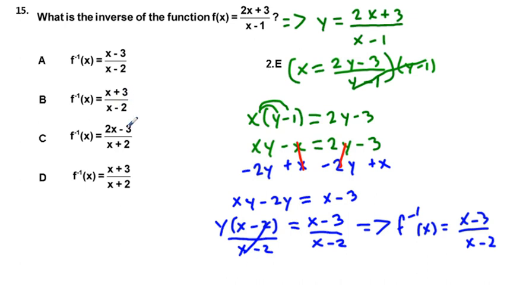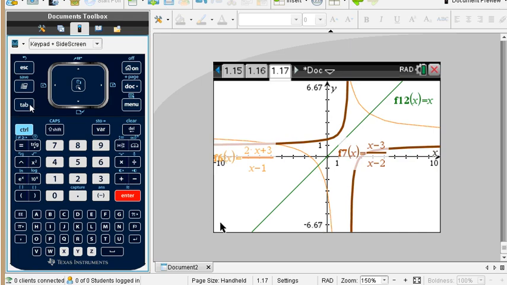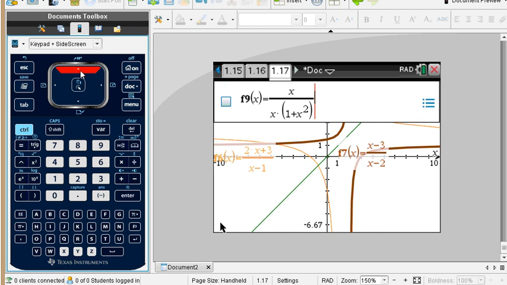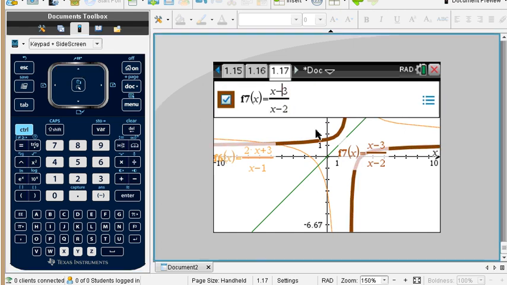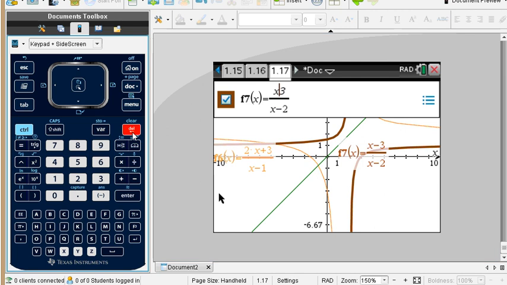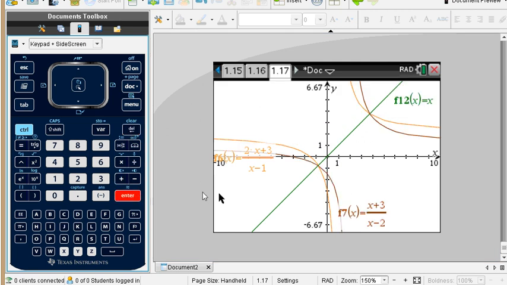It should be x plus 3 over x minus 2. Let's look at that again. Let's see a mistake in progress. Okay, we put down x plus 3. Okay, yeah, these are the reflections right here. Okay, so that's right.